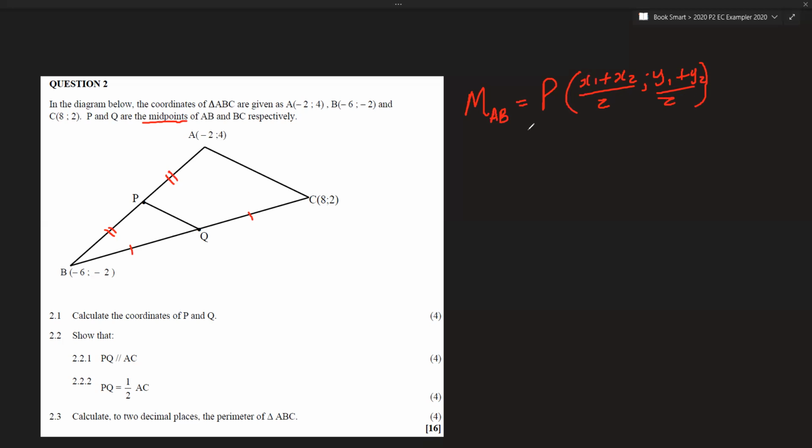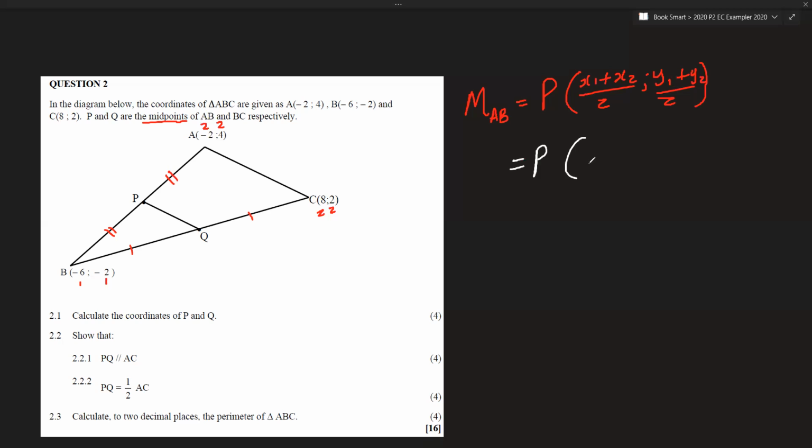Let me use a white one. We have P. I'll call this my ones and I'll call this my twos, and also my ones and my twos there. Okay, now we can proceed.